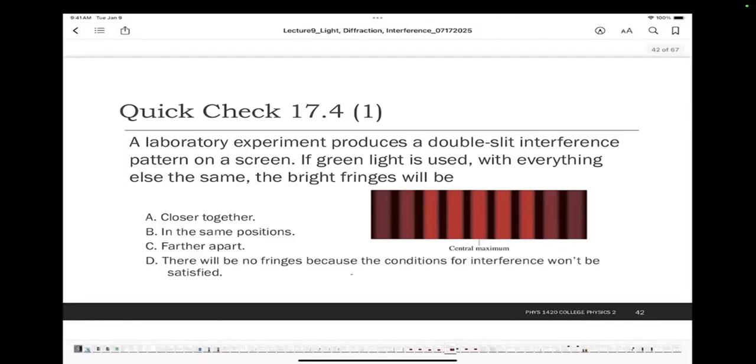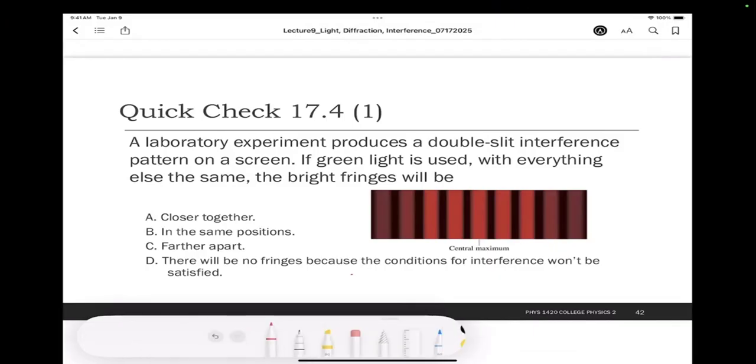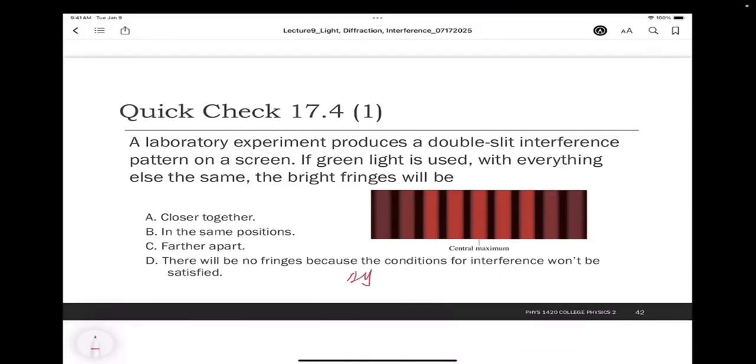It just asks what the difference in delta y is compared with the original. We have already talked about it: it is equal to lambda L divided by d, am I right?